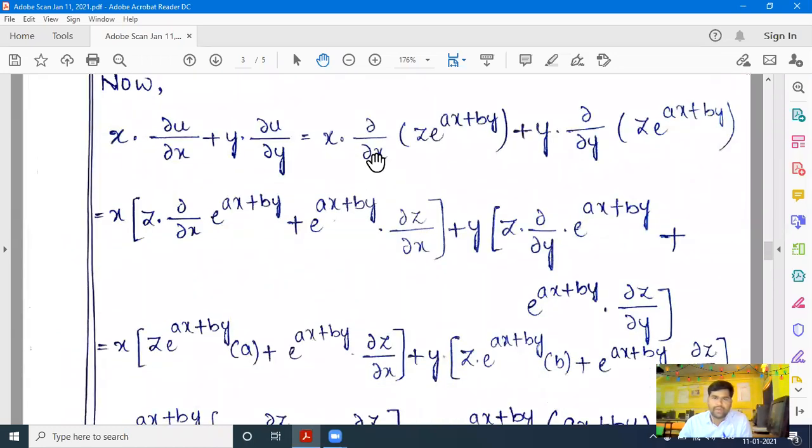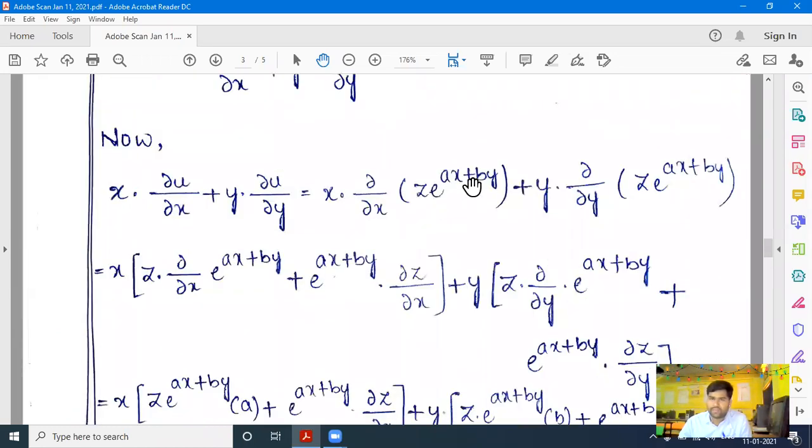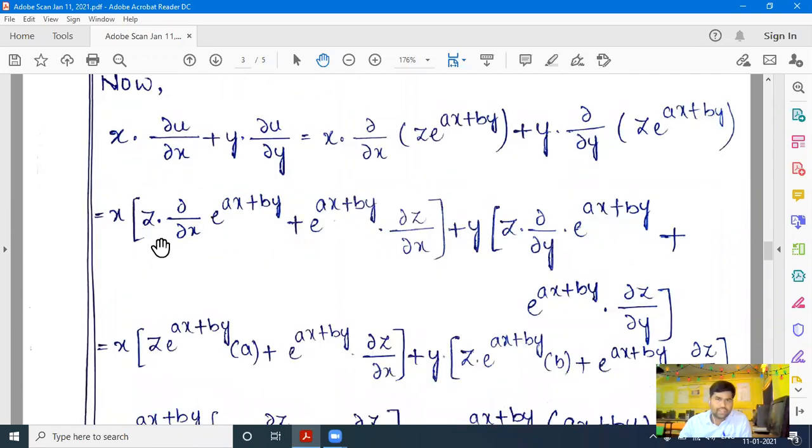So x into dou by dou x of z into e power of ax plus by plus y into dou by dou y of z into e power of ax plus by.